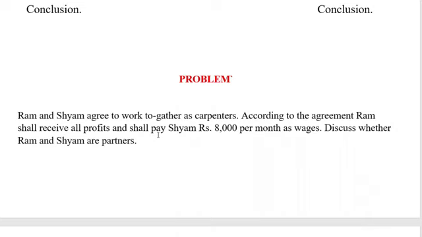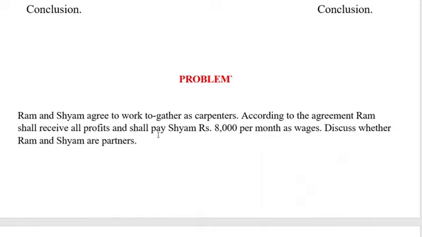Here we have to discuss Section 4, Section 5, that is Section 5 says that the relationship of partnership arises from a contract, not from status. And we have to see Section 6, that is the mode of determining the existence of partnership.